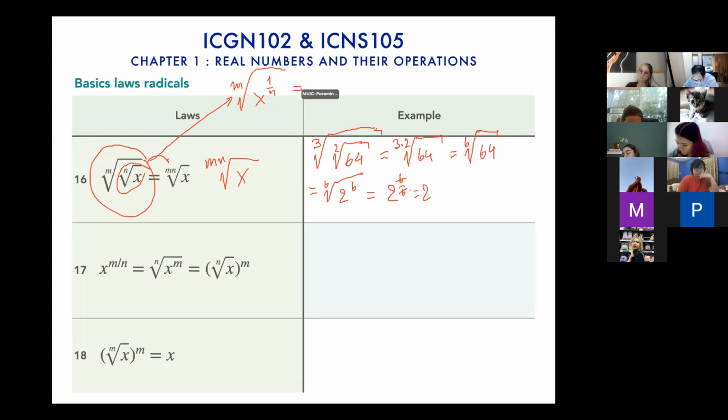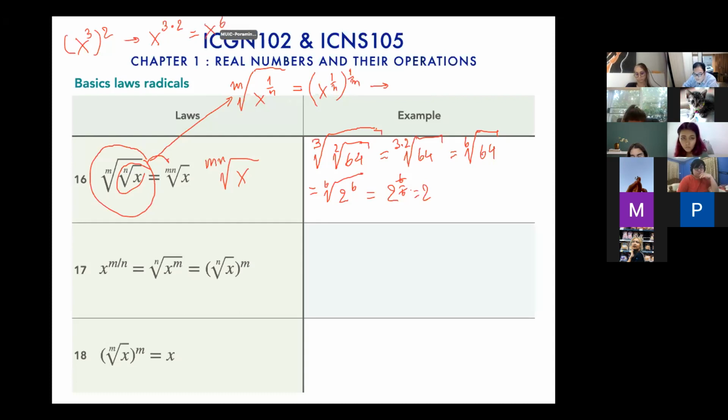After that, from this one it is equivalent to x to the power of 1 over n, to the power of 1 over m. As we learned before, if we have exponents like this, you multiply them together. Like if we have x cube, squared, it's like x cube times 2 equals x to the power of 6.